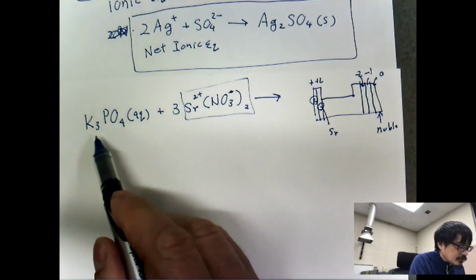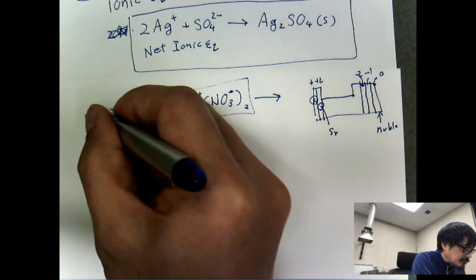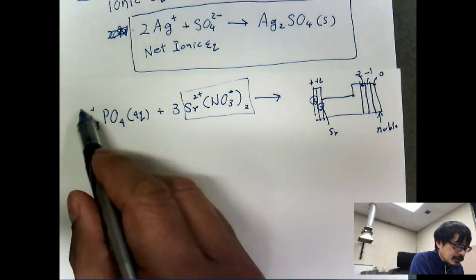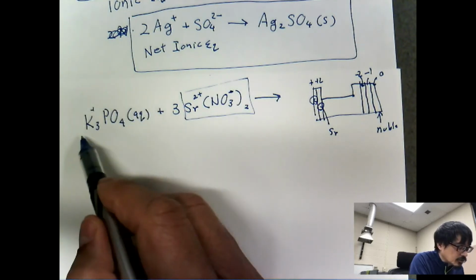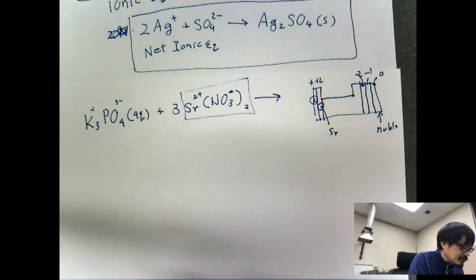And then for the K plus, remember that K plus was here, right? So each one of these is plus, and then you have 3 of those, right? And the whole thing is going to be neutral. That means that this one right here is likely to have 3 negative, right?